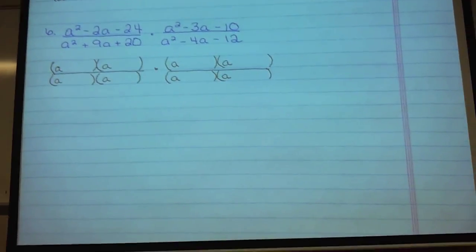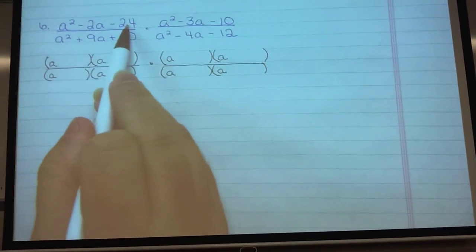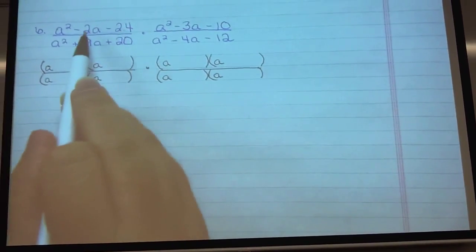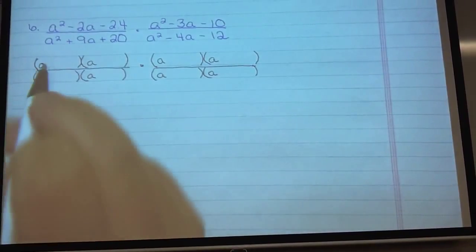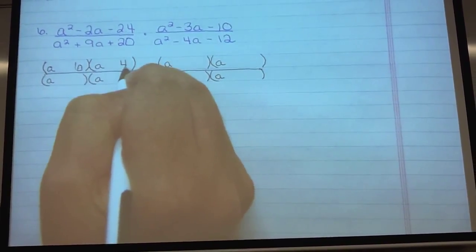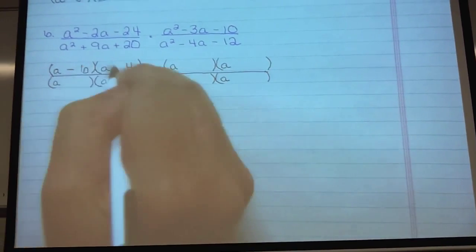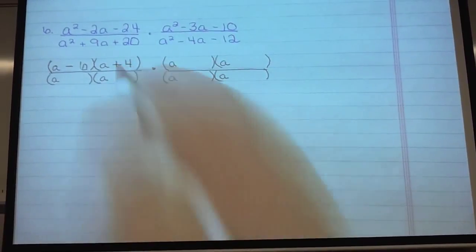Okay. Let's see how we're doing. With the first set, numbers that multiply to 24 and give you 2: 6 and 4. And I know the bigger number here needs the negative because I'm subtracting them. So that would be the first part.